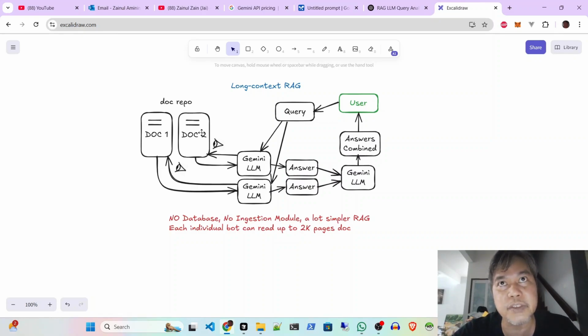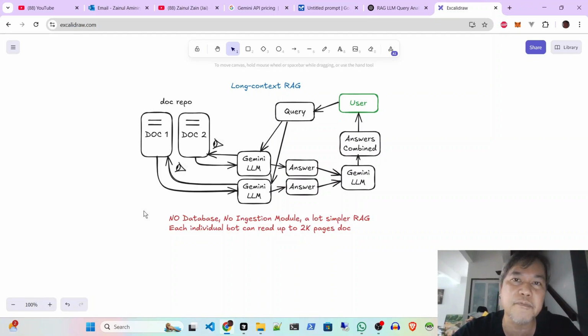One of the issues with naive RAG is that when you query, the retrieval module will retrieve chunks, and you might not retrieve all the chunks related to the query, because the similarity search has some sort of statistic-based confidence level; below some confidence level, it says it's not related, so it doesn't retrieve that chunk.